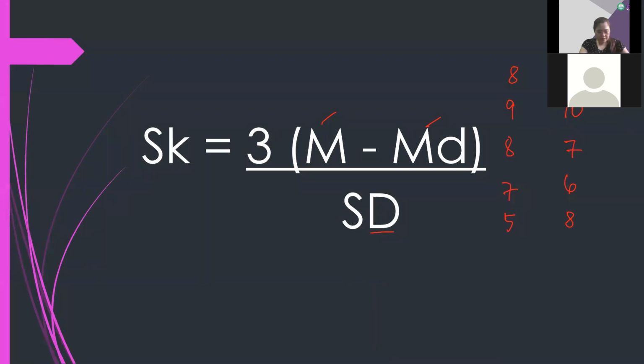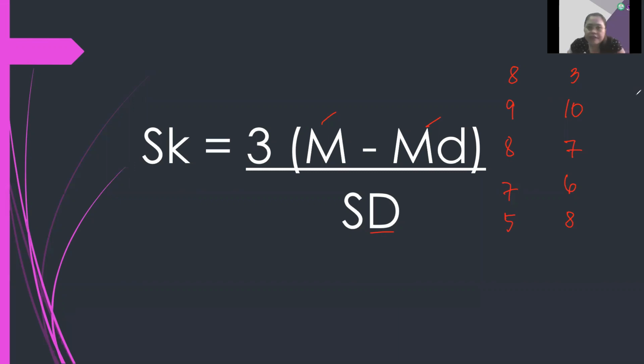Nag-load ang JASP. Matagal talaga mag-open ang JASP. Let's try first the manual computation.